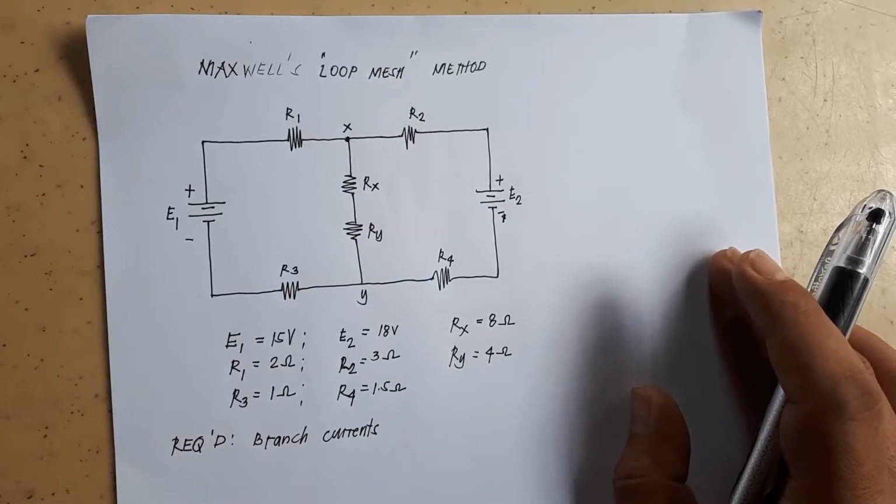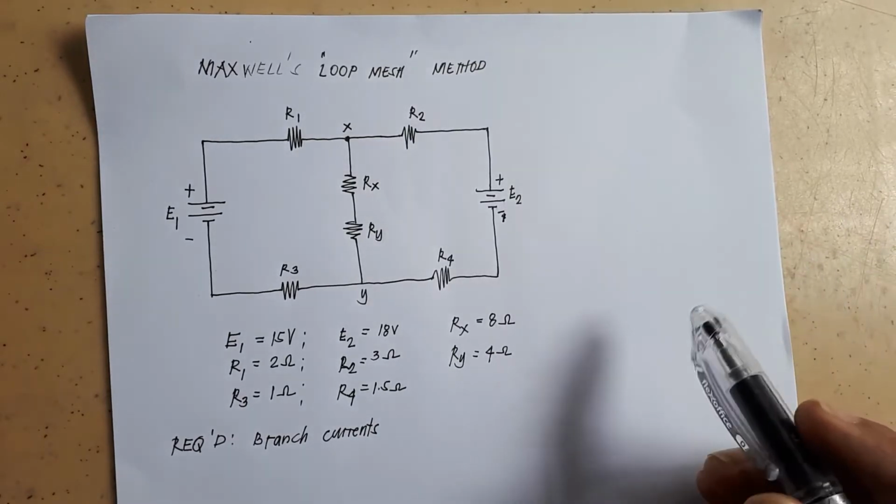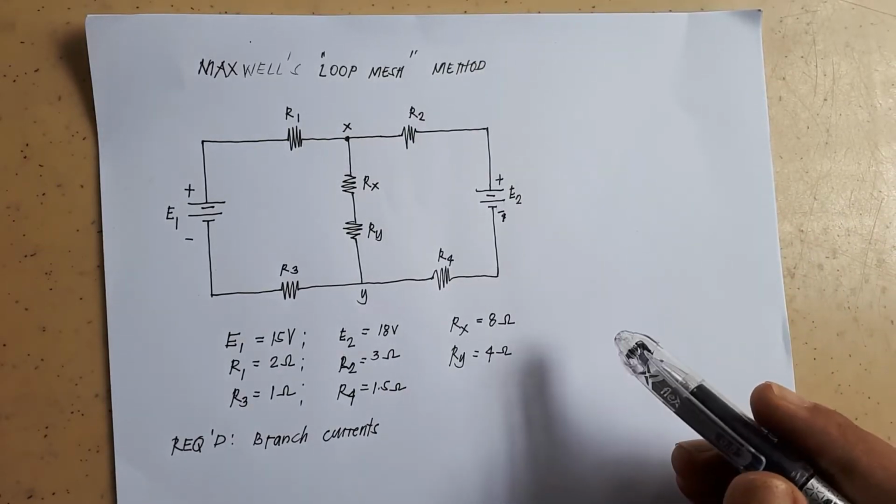Good morning. Today we are going to have an example, and this time we are going to make use of the Maxwell's loop mesh method to solve a sample problem. As you can see, we have the given circuit configuration as illustrated with the corresponding values labeled.